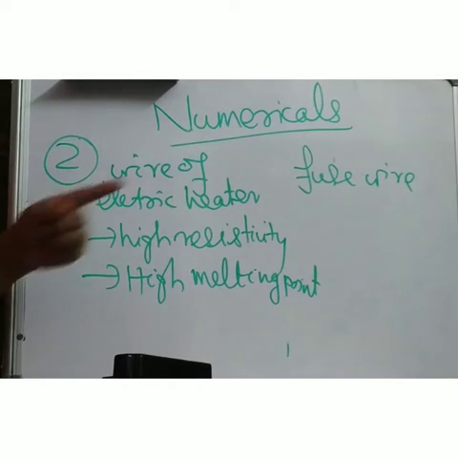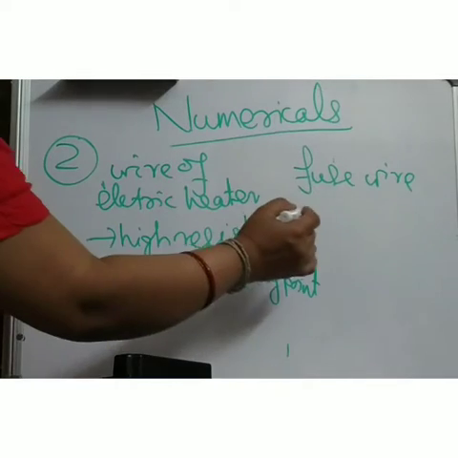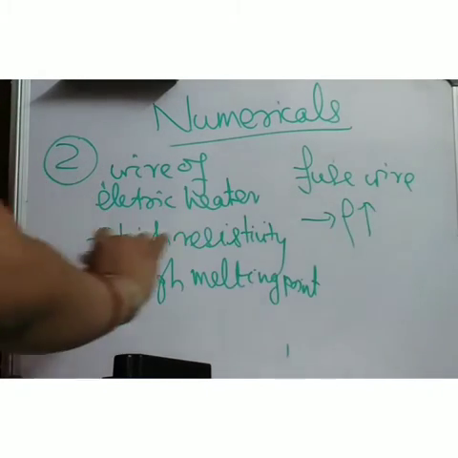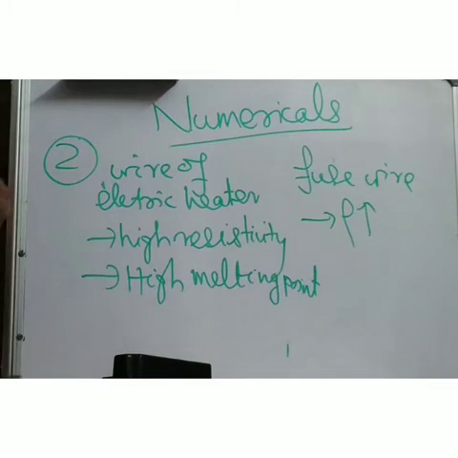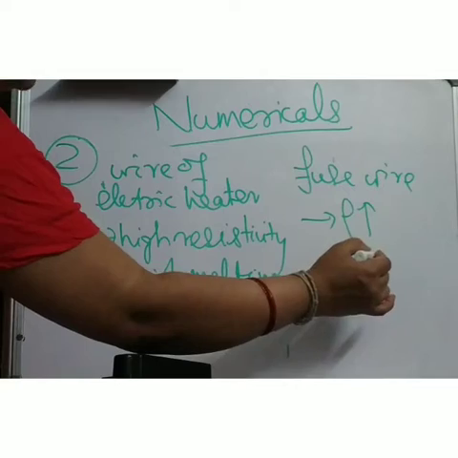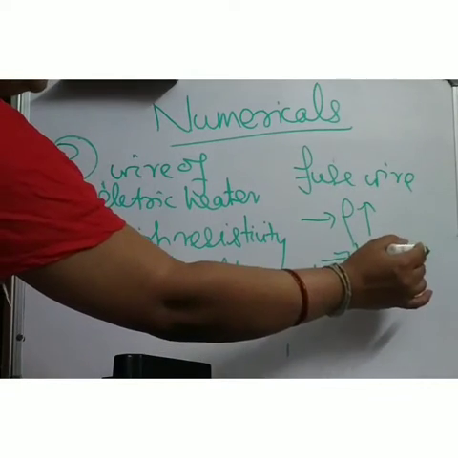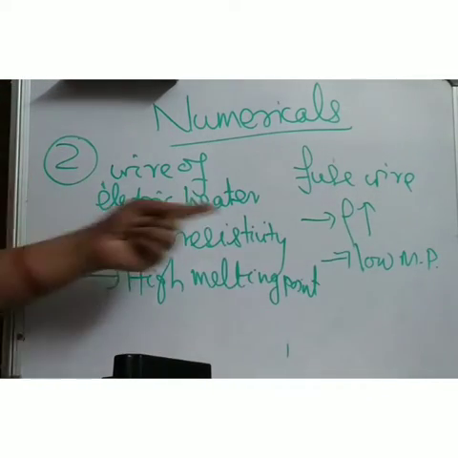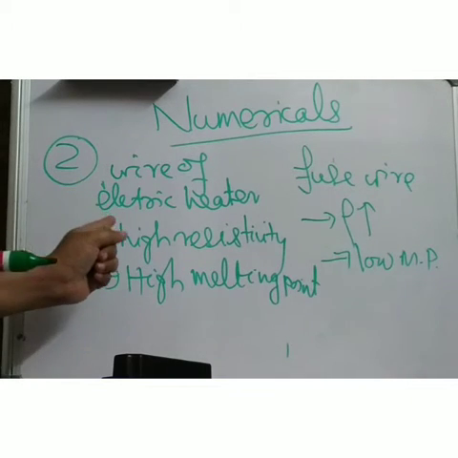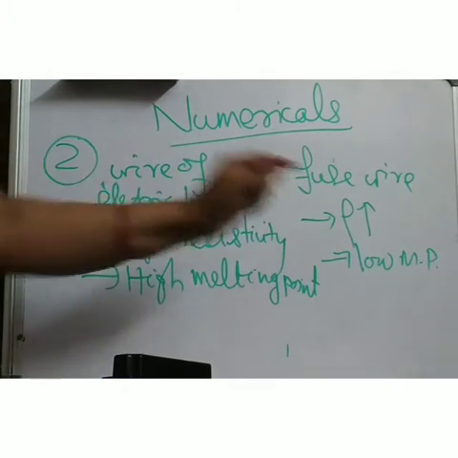But in a fuse wire, the resistivity is also high, the same, but the important difference is it has a very low melting point. So that is the difference between the wire of an electric heater and a fuse wire.